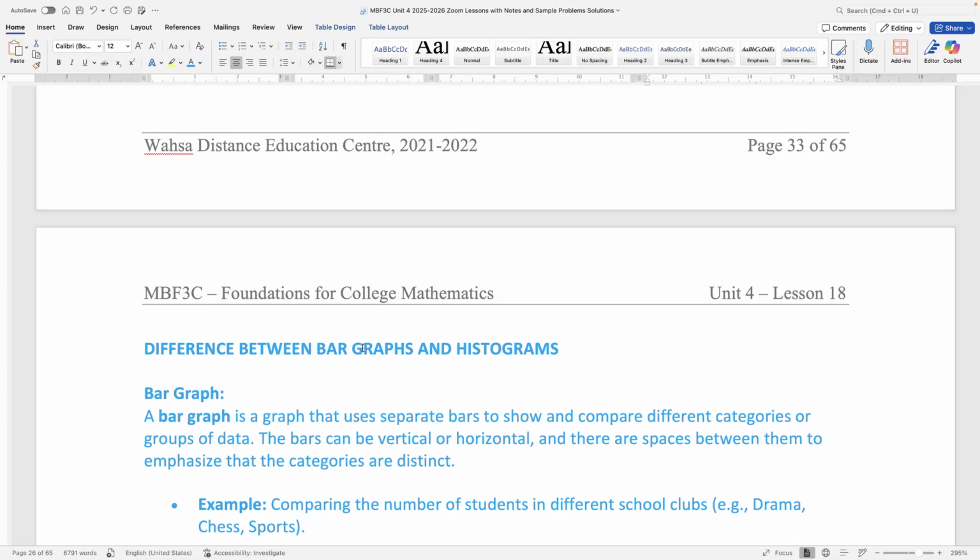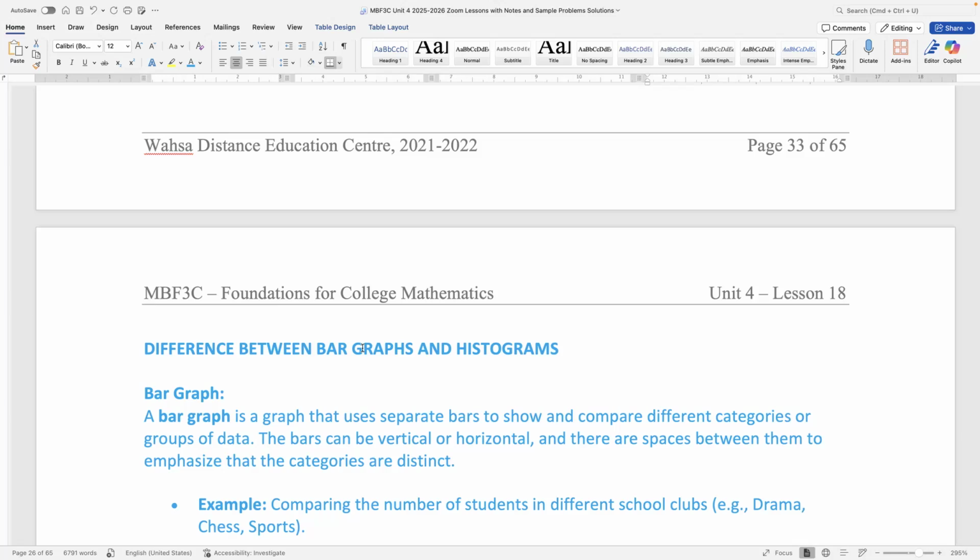So in a bar graph, so a bar graph is used and uses separate bars to show and compare different categories or groups of data. So on the horizontal axis, it's going to be categories.